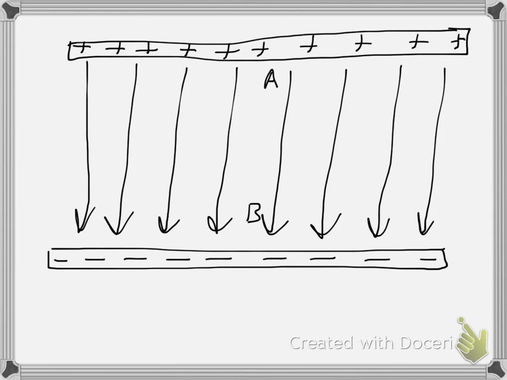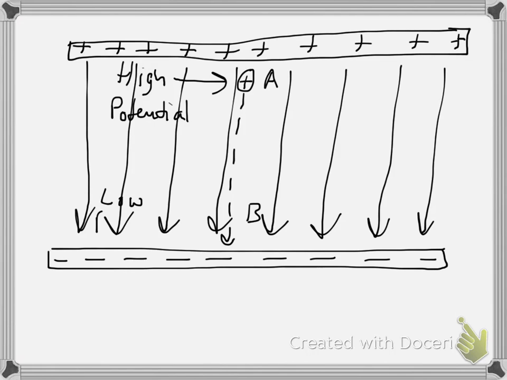Imagine that point A is right here, and that point B is right here. Remember that if I have a positive charge here, it's going to naturally want to fall down toward the negative plate. So that means that this is a high potential at point A, and B is low potential.